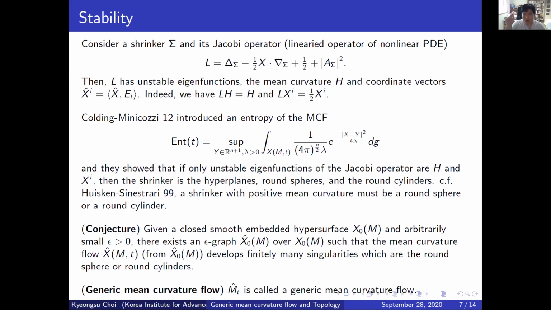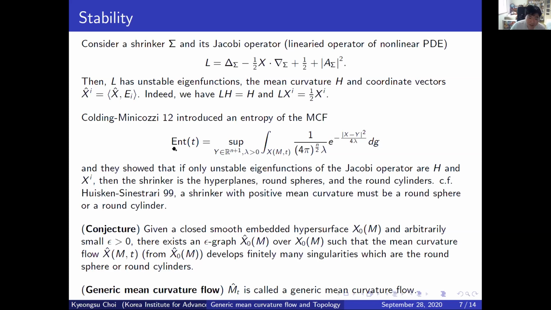We can choose a random point, which is another singularity. Then you can imagine that the rescaled flow at the wrong choice of center would not converge to a self-shrinker, because we chose the wrong center. So this coordinate function came from the wrong choice of the space center, and this H comes from the wrong choice of the space center. So it comes from the dilation problem.